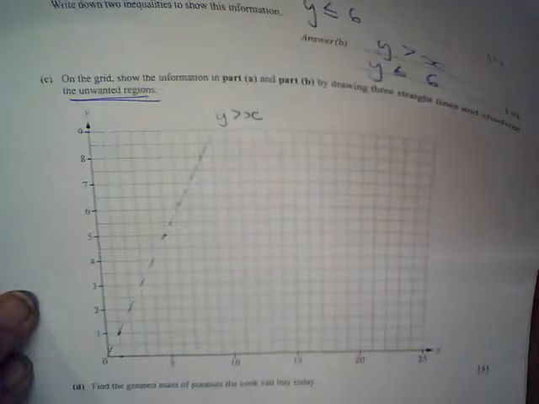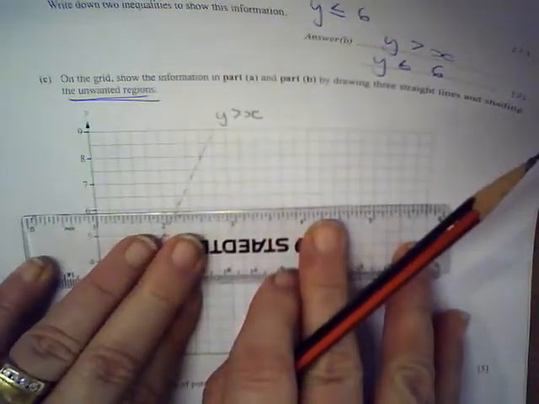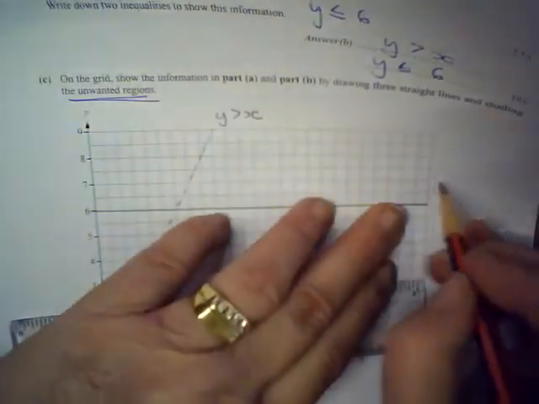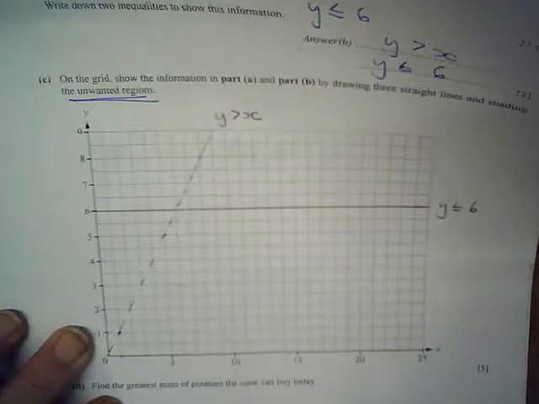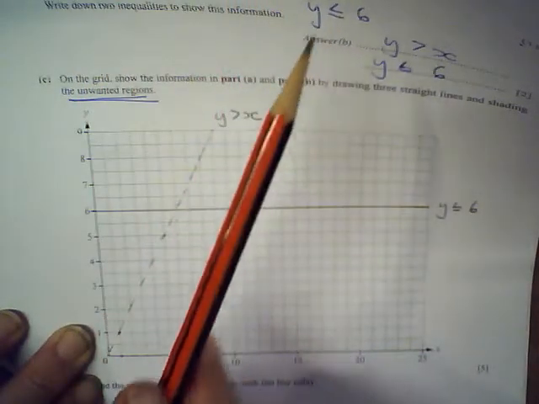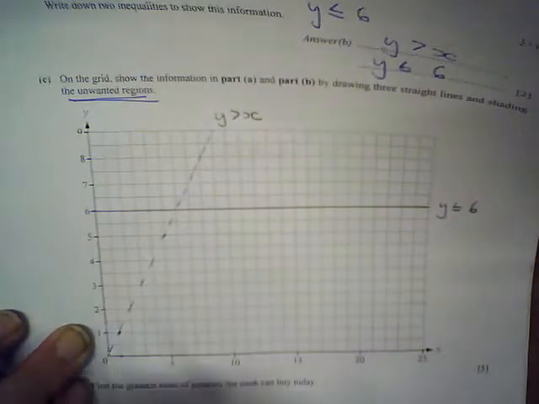Then the second one that we want to do is the line y is smaller or equal to 6. So y is smaller or equal to 6. There we go. Y is smaller or equal to 6 will be there. The third one is this line 2x plus 5y equals 40. I'm just going to solve for y there.